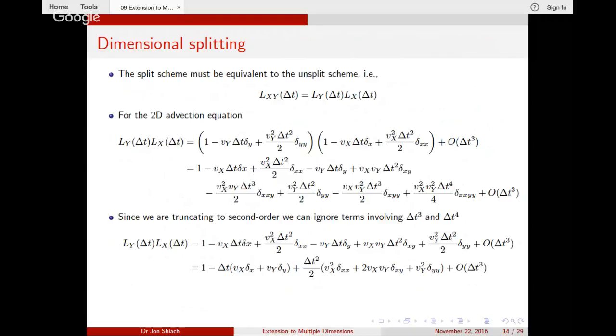We've got vx, vy here, but because we're taking out a factor of a half, I have to times that by 2. And we've also got a double derivative of delta y there, which we see is equal to our unsplit operator. So you take your 2 split operators, combine them, you've got to make sure that they're equal to the unsplit operator. They are, so this means we can split the problem.